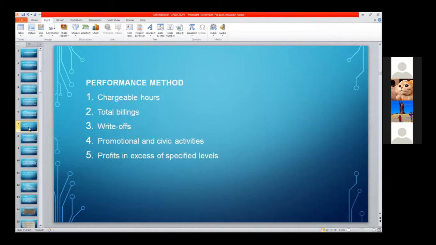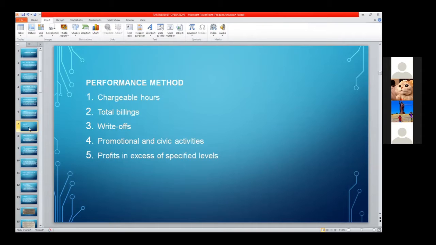Example ng performance criteria ay number 1, chargeable hours. Itong chargeable hours, ito yung total number of hours na na-incur ni partner on a client-related assignment. In here, we may be given 2 hours in excess of a standard.